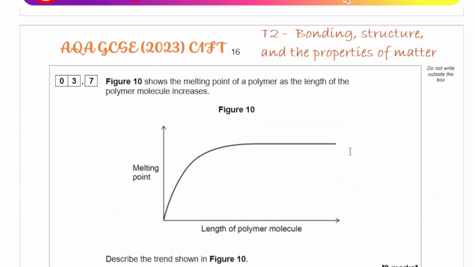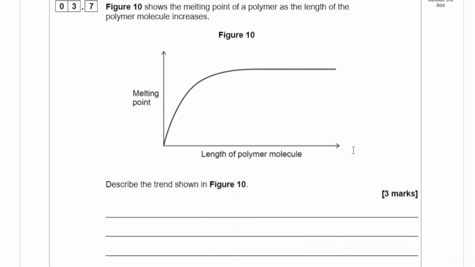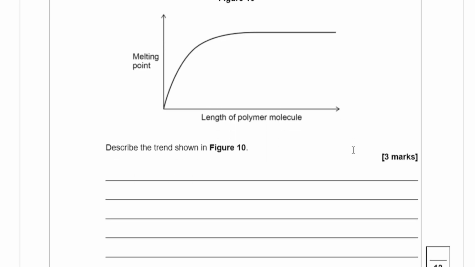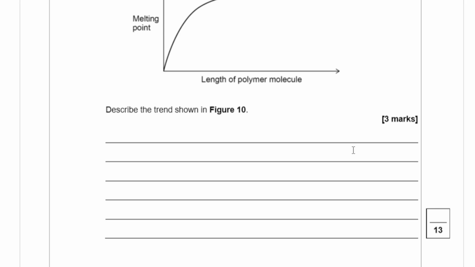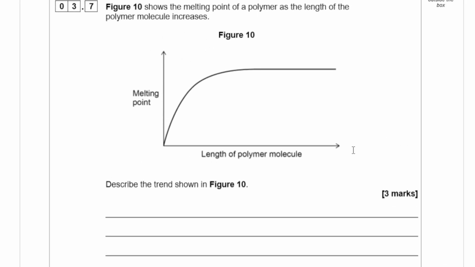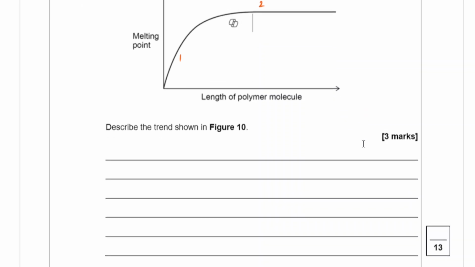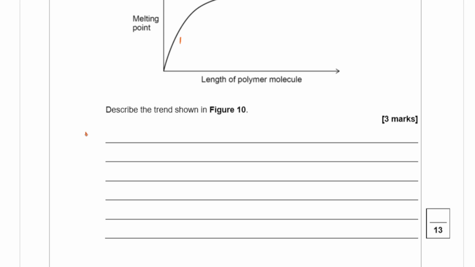Figure 10 shows the melting point of a polymer as the length of the polymer molecule increases. So it increases and then it becomes stable. Describe the trend. If I label that as the first part and the second part, what's happening at the first part?